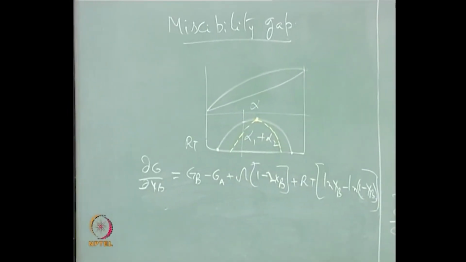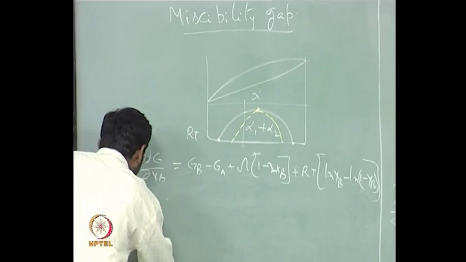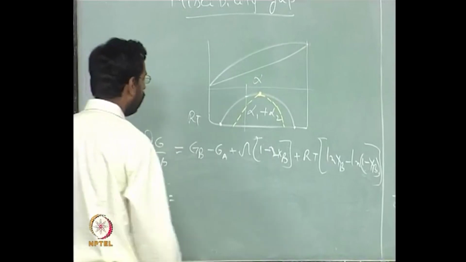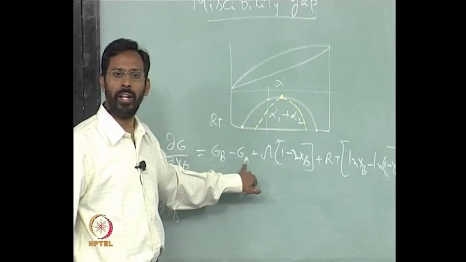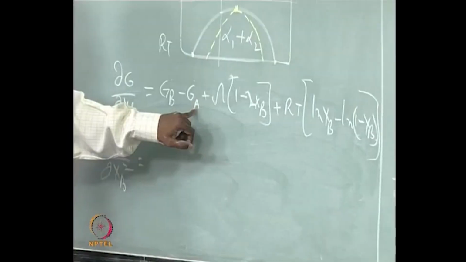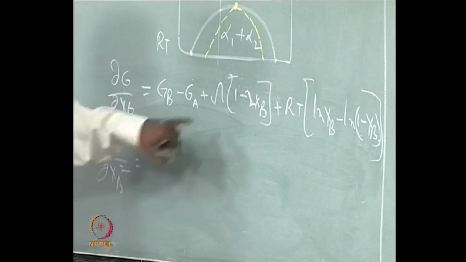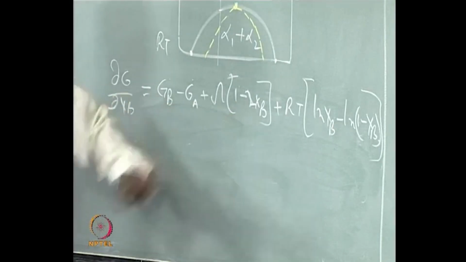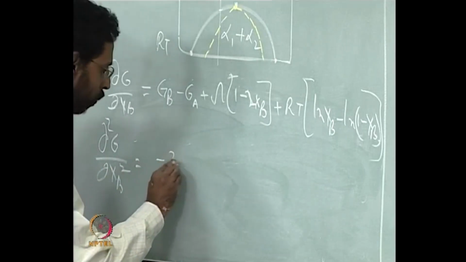Once I know this is the first derivative, I can easily do the second derivative, dou square g by dou x b square. If you do that, these terms will vanish because the derivative of a constant is 0, and then this, it is omega, again it is constant, so minus 2 x b is minus 2, so this is minus 2 omega.